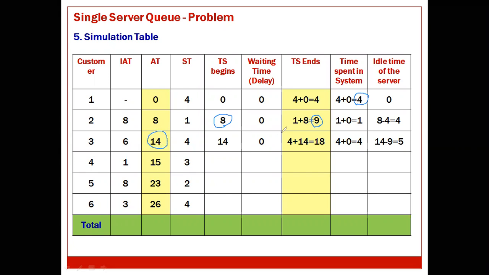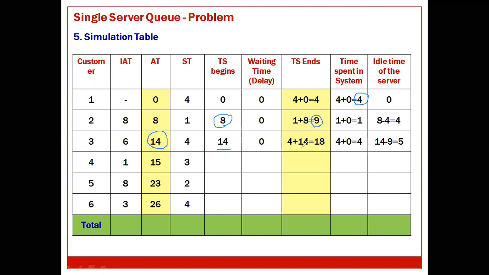So the time service begins for the third customer will be out of 14 and 9, whichever is greater. That is 14. Do you have any delay? Suppose it was less than that, then you would have got a delay. As of now, there is no delay, so it is 0. It ends at 9, the next customer comes at 14, so there is no delay in giving the service.